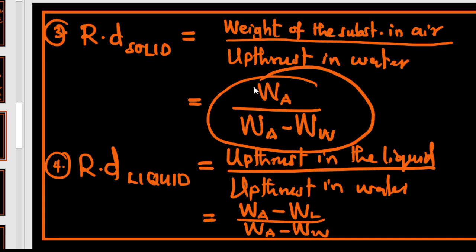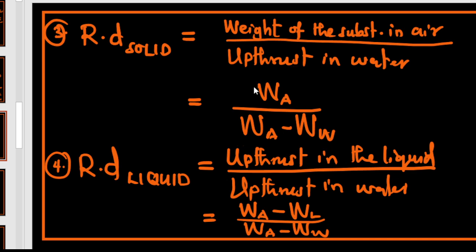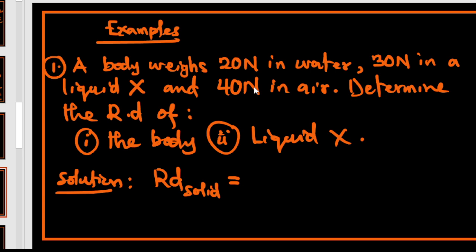W subscript A there means weight in air, and WW there implies what? Weight in water. So in this problem here, the weight in air is given as 40 newtons.